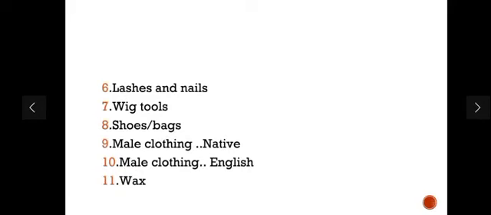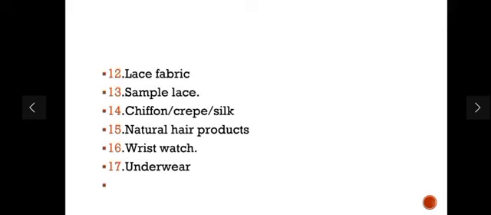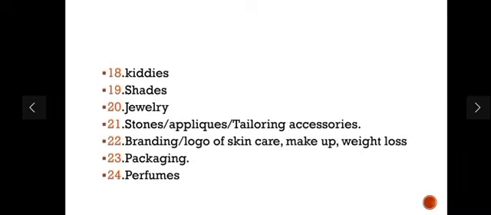Then school bags. School bag is very good. It's a hot product, especially during resumption and school session. Then men's clothing, wax, lace, chiffon, hair products, wristwatches. Yes, wristwatches, your smartwatch, your normal watches and the rest. These are things that you can import from China and sell. They are good products.